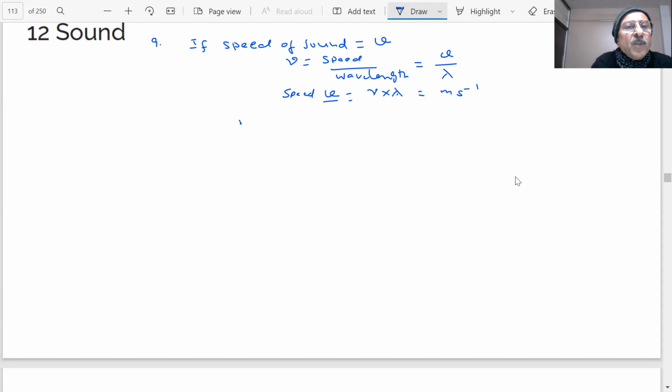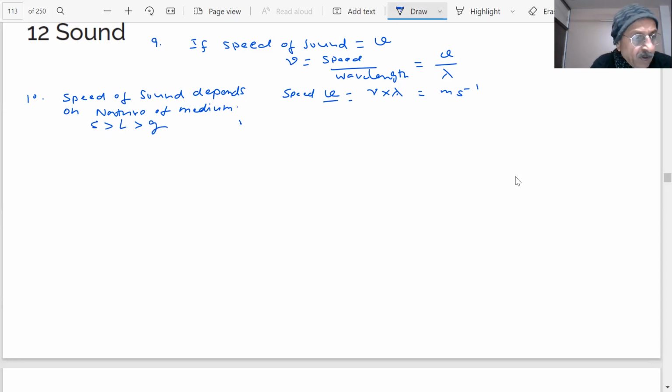What else did we discuss? The speed of sound depends on the nature of the medium. It is more in solids than liquids than gases. Is that true?